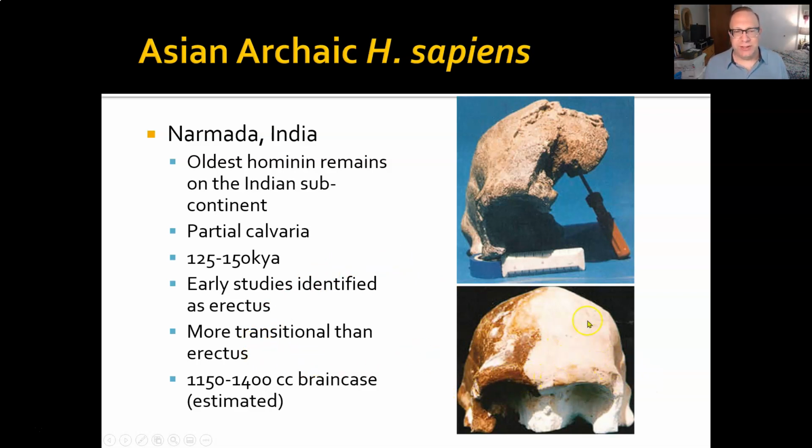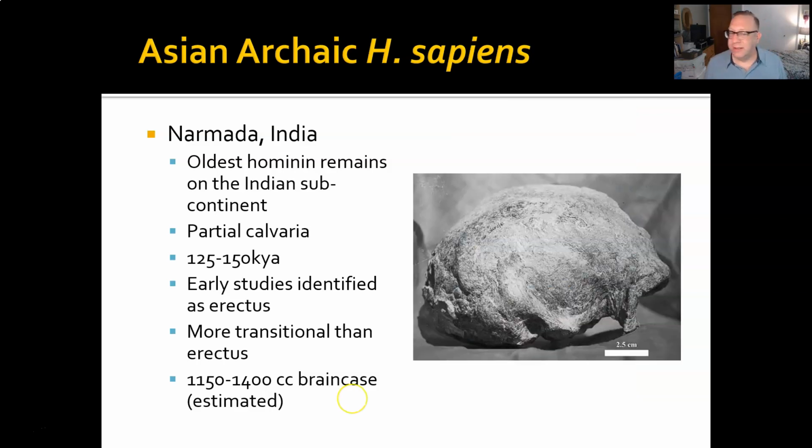The brow ridges in particular are much rounder. The vault is a bit higher. And the overall estimated brain size is anywhere from 1150 to 1400, which would make it larger than the largest confirmed Homo erectus, up to greater than modern human average. So it seems pretty clear that this is an archaic Homo and not an erectus.